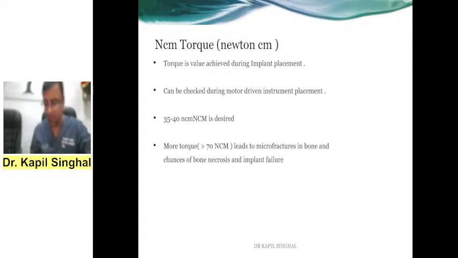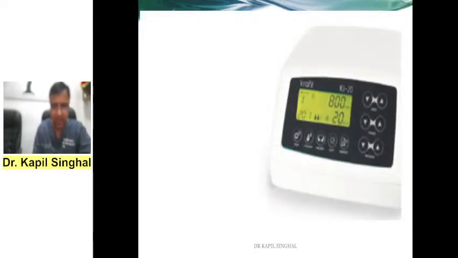If you are placing an implant and getting excessive torque or excessive stability, this is not good because it can lead to fractures in the bone and even lead to bone necrosis and implant failure. So the desired torque is 35 to 45 Newton centimeter.